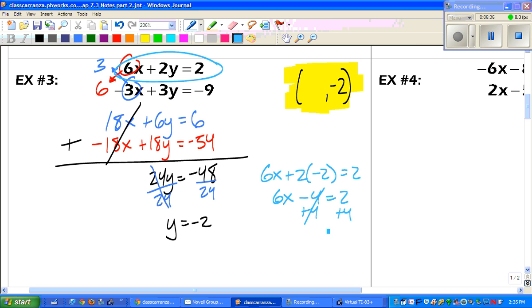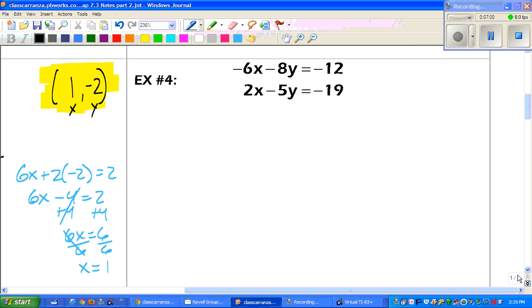Add 4 to both sides. 6x equals 6. And we get x equals 1. So the point is 1, negative 2. Okay, so always remember which one is your x and which one is your y when you're plugging these in. Okay?